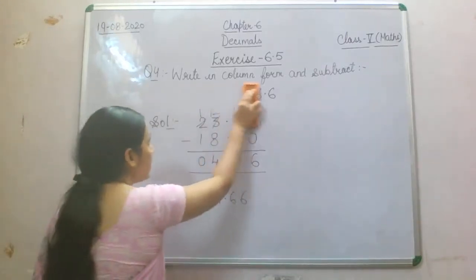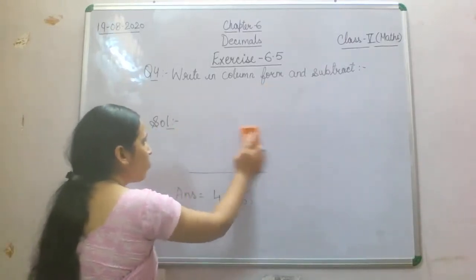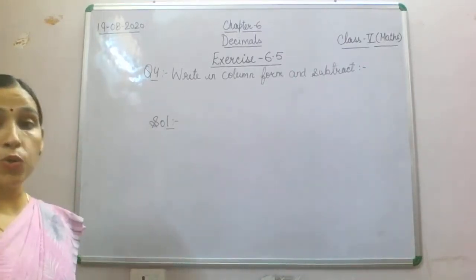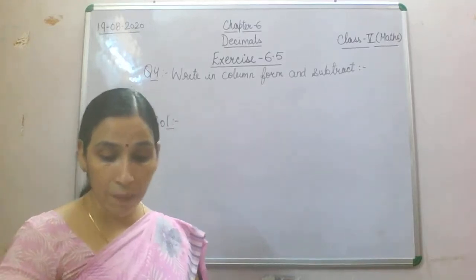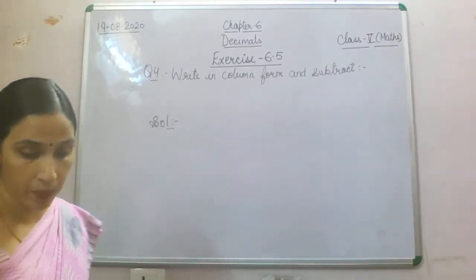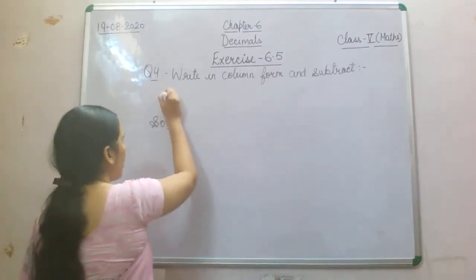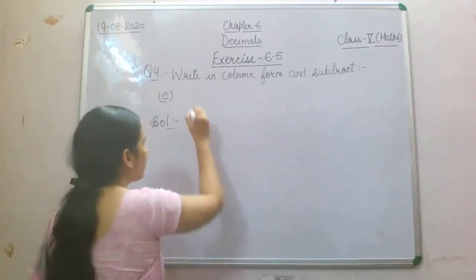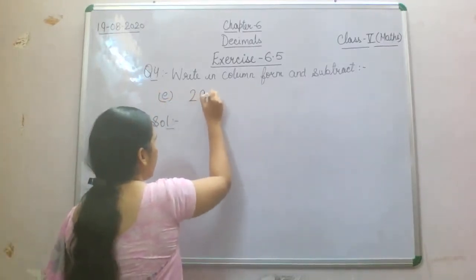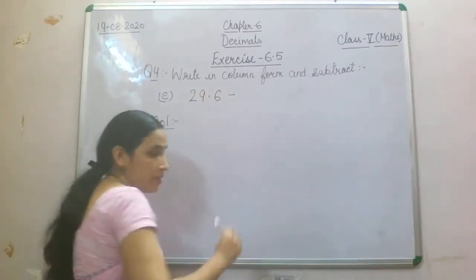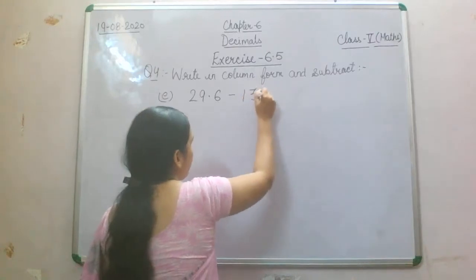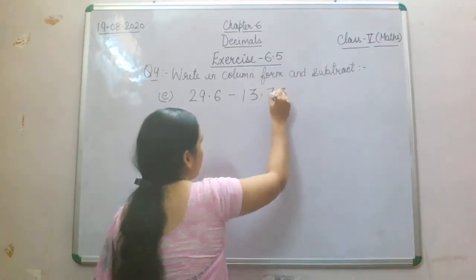Let's start E part, and in E part what is there? The number from which you have to do the subtraction has one decimal place. So let's find out how you will do this E part. E part is 29.6 minus 13.73.